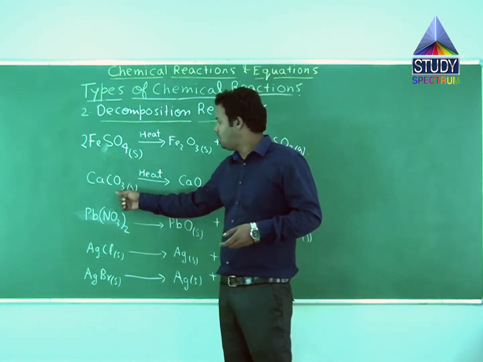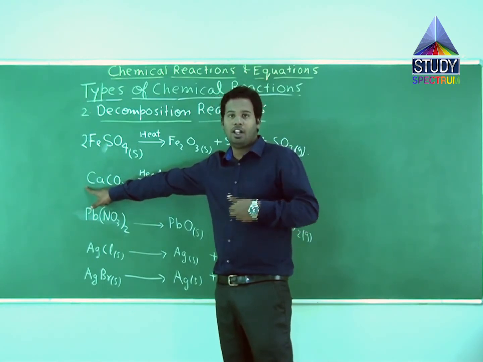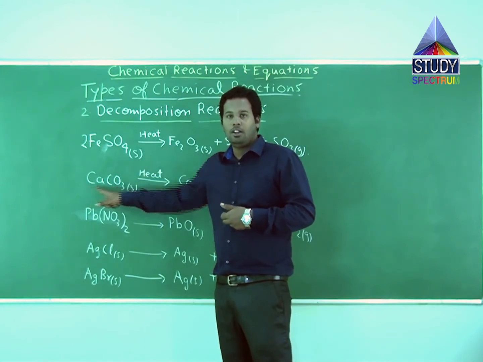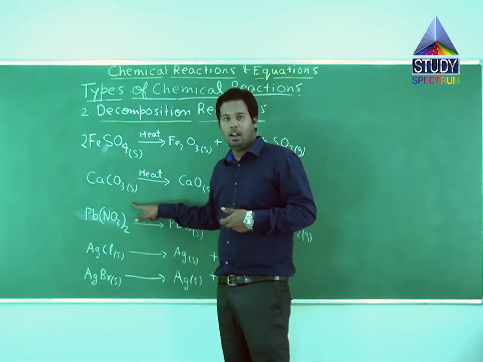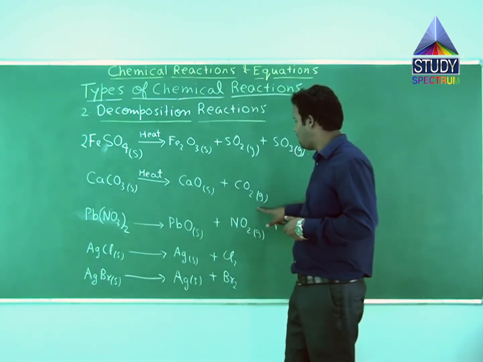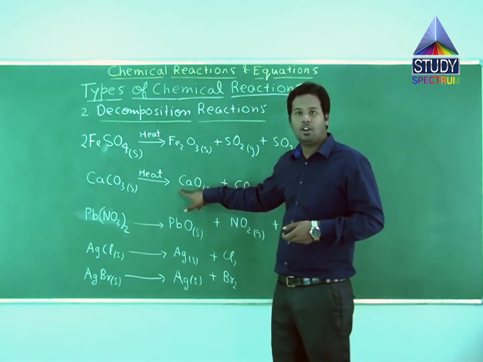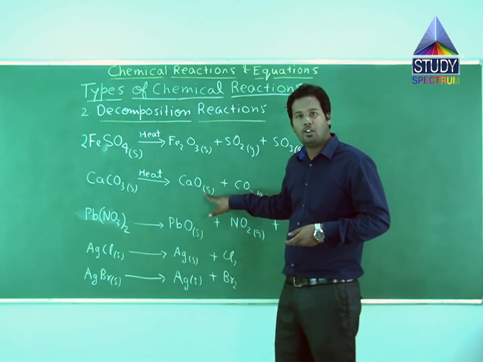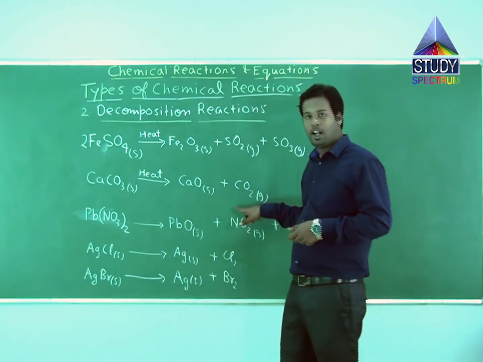If you see the oxygen, since we are studying decomposition reaction, the stoichiometric coefficient of this single reactant is 1. The suffix of oxygen in this molecule is 3. So the number of oxygen atoms in LHS is 1 into 3, that is 3. On the right hand side, both the products contain oxygen. The stoichiometric coefficient of the first product is 1 and the suffix of oxygen is also 1, so the number of oxygen atoms in this product is 1 into 1, that is 1.